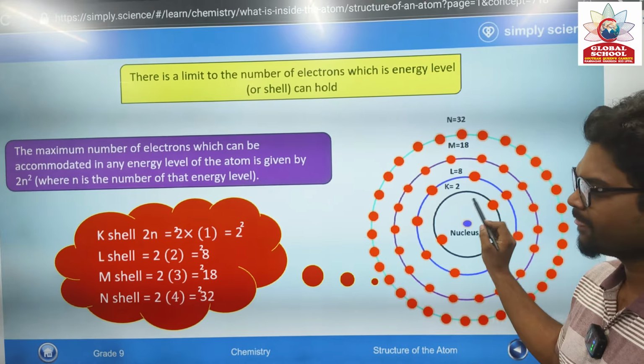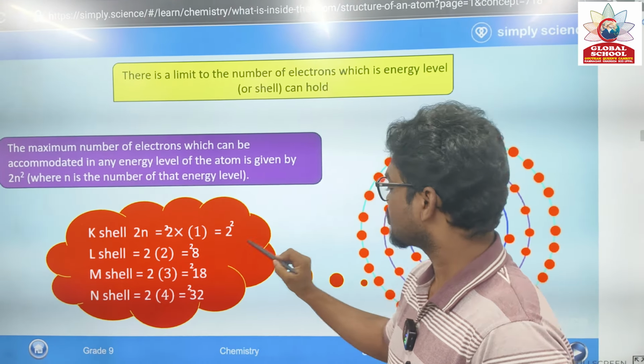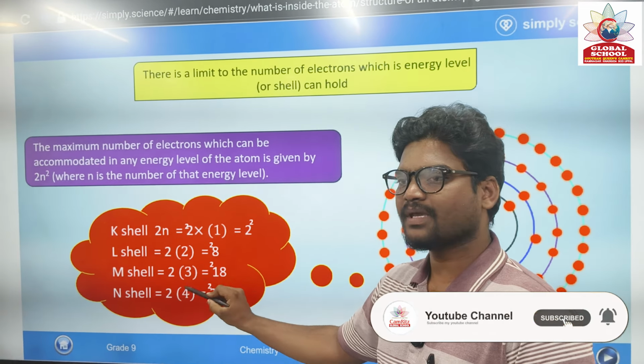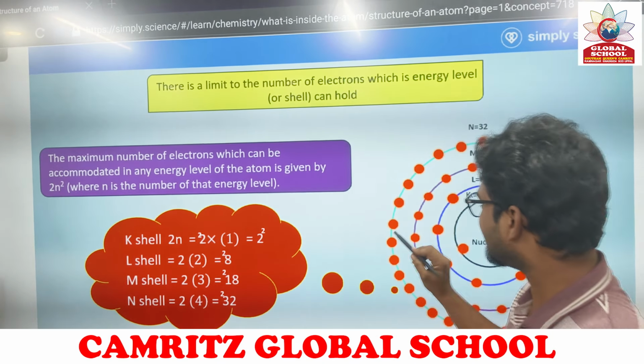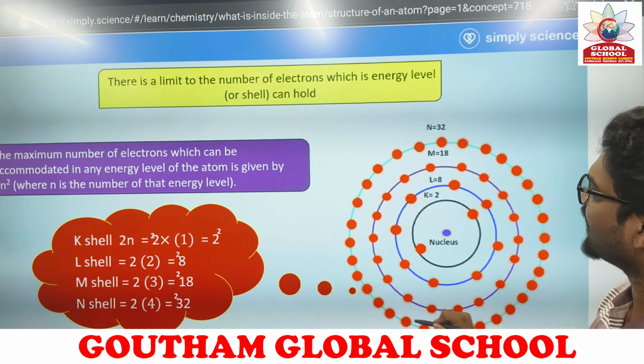In the third orbit, n is 3: 3 square is 9, into 2 is 18 electrons. In the fourth orbit, n is 4: 4 square is 16, into 2 is 32 electrons can be accommodated.